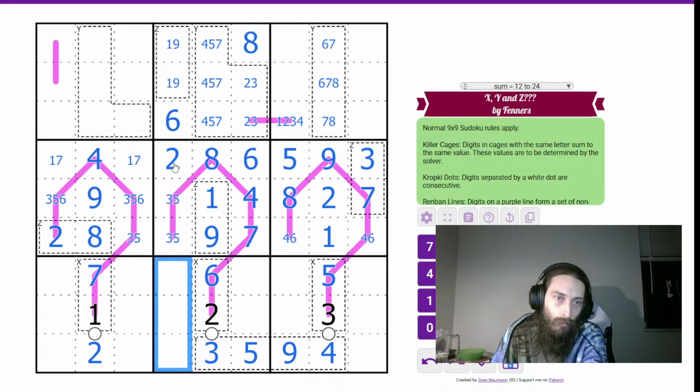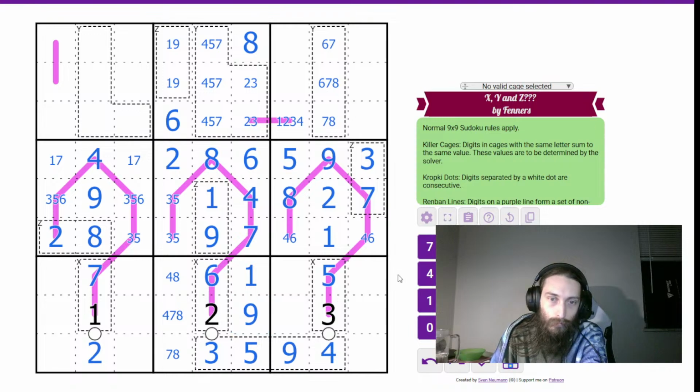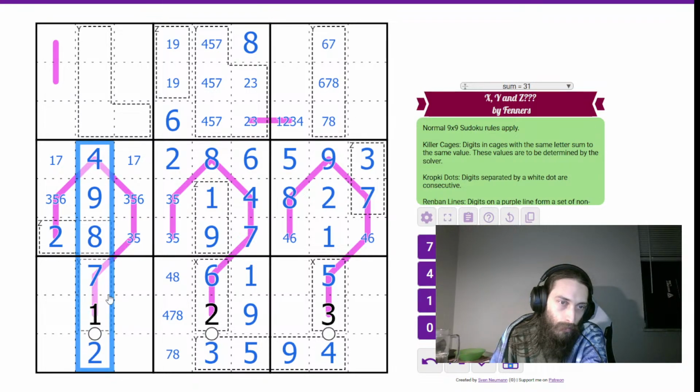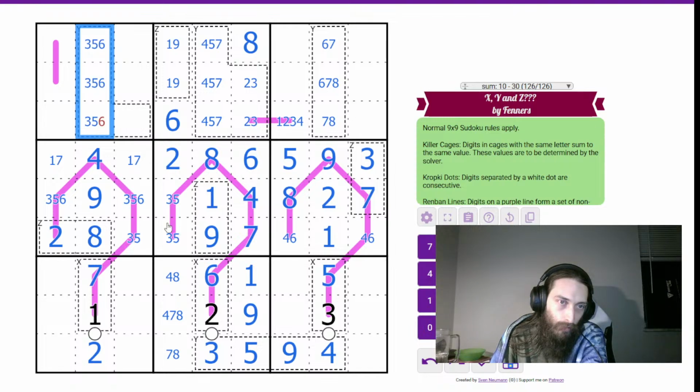This one. 1 2 3 4 5 6 7 8 7 4. And then I need 1 and 9. Oh, we know what these are. So 1 2 3 4 5 6. So 3 5 and 6 is 14 plus 7 makes 21.